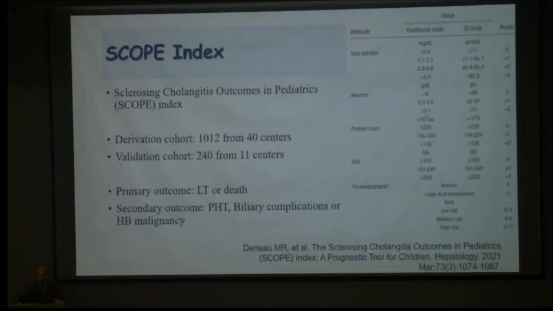And so a SCOPE index has been devised, which was derived from a cohort of around 1000 pediatric PSC cases from 40 centers, and this was subsequently validated in 240 children. The various variables which come out in this SCOPE index were bilirubin, albumin, platelet count, GGT, and abnormal cholangiography.